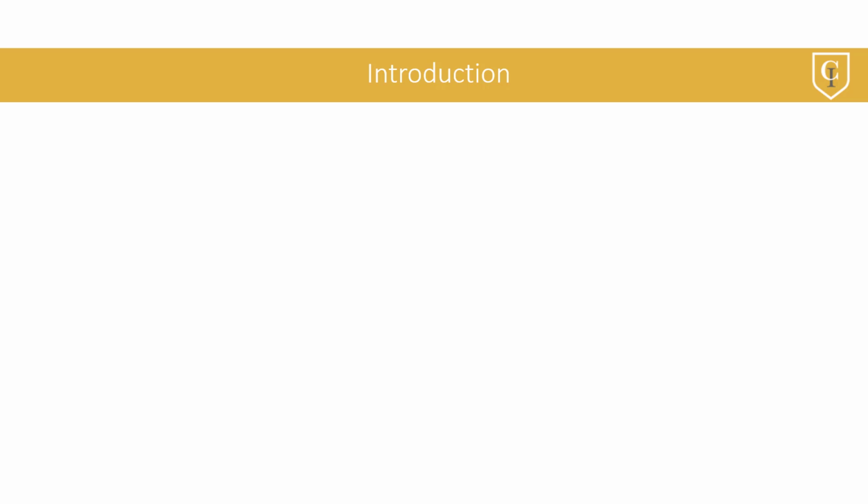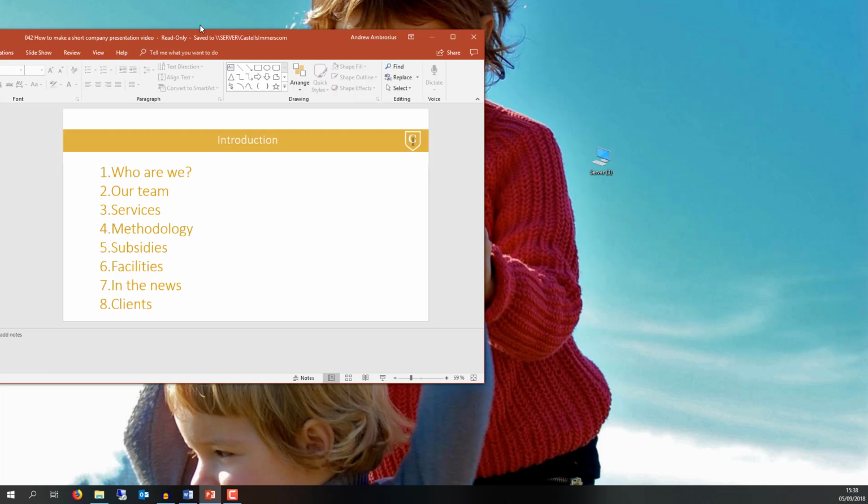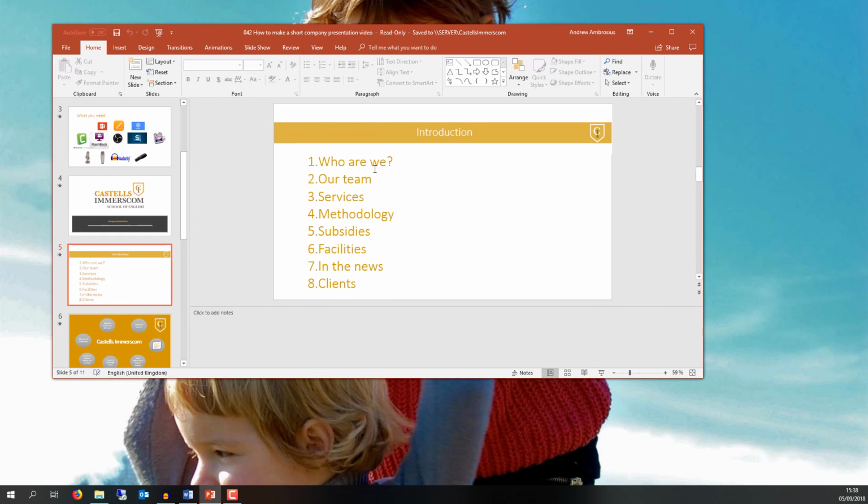What you need to do basically, I'm going to show you now how we do this. I'm just going to move PowerPoint across here. What you need to do is create animation on these slides. Here are all the points in this slide that I'll be talking about.